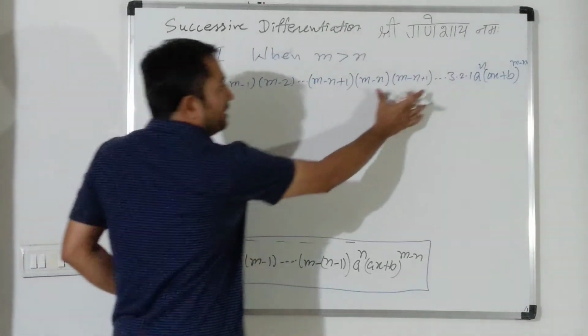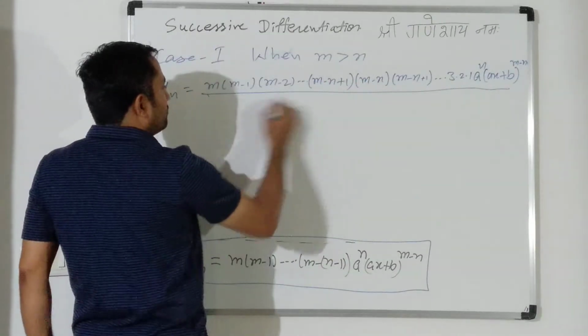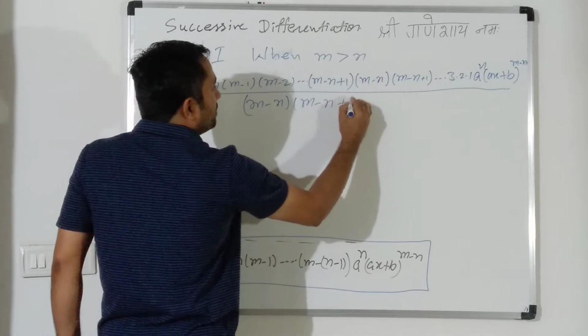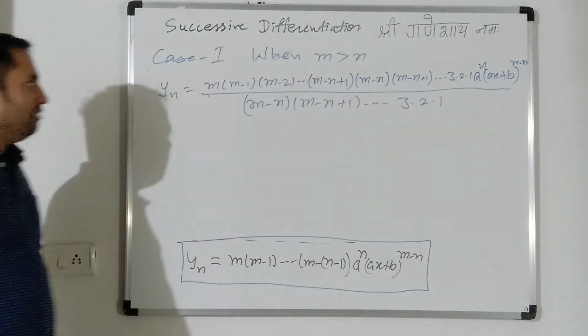Since we have multiplied here, we have in the denominator m minus n, m minus n minus 1, up to 3, 2, 1. Why are we doing this?